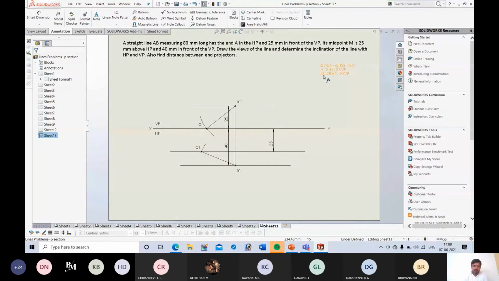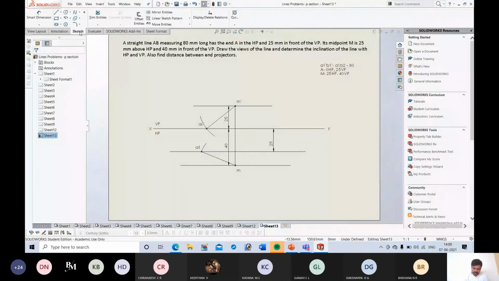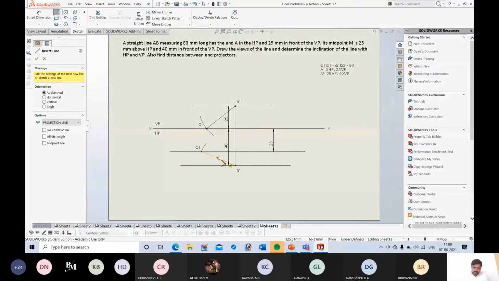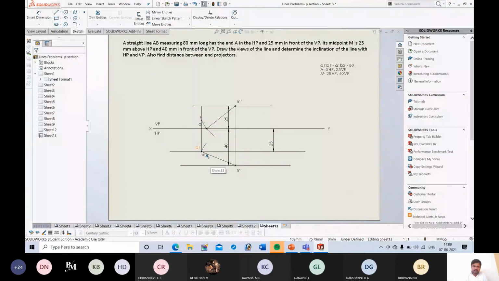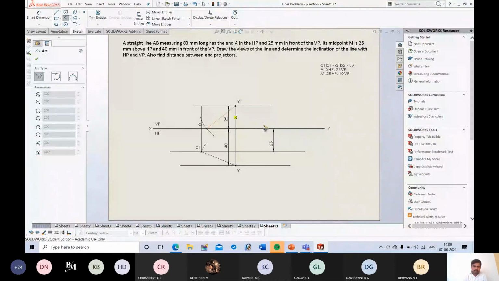If we know the true length, draw a vertical, starting from A till locus of M. Okay, draw a vertical from A till locus of M. Next, after drawing this, again take compass, M as center, this as radius, so draw an arc like this. Okay, this will be point A dash.